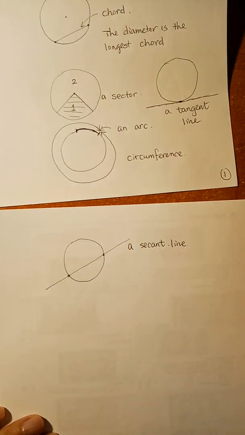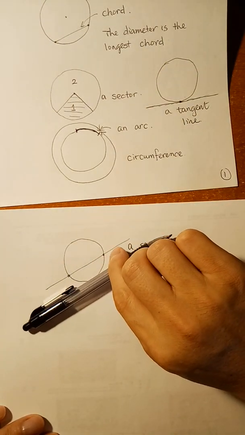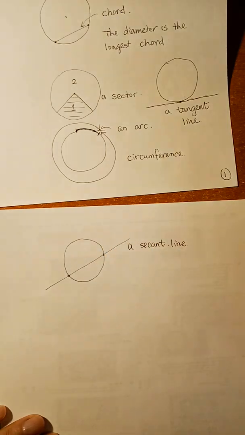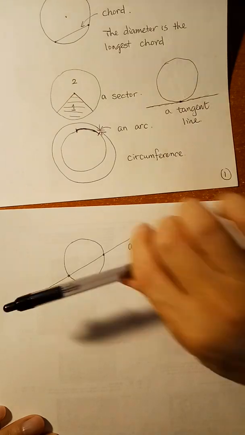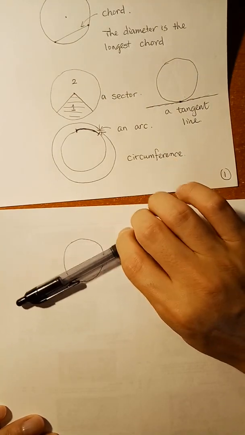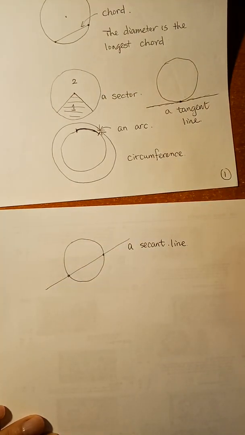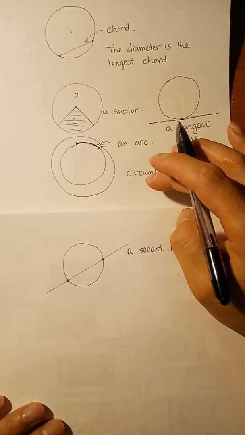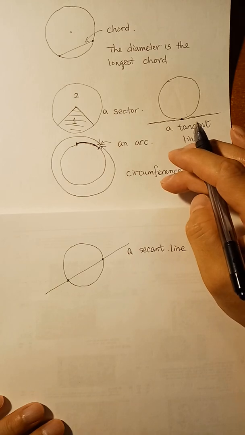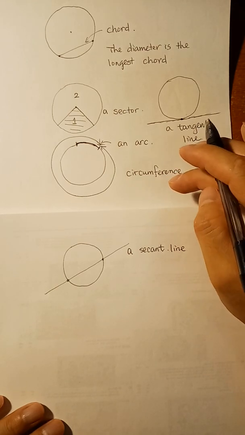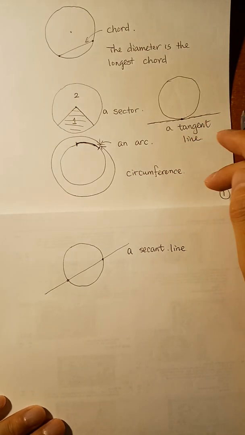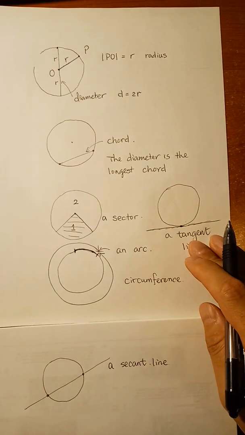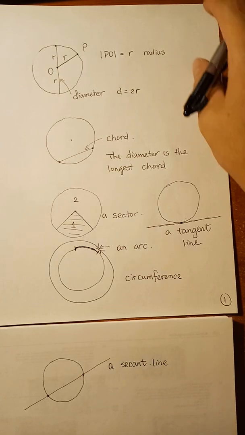Here you have 2 points. So here is the tangent, and once you move past that limit position, it becomes a secant line. If you slightly move it, it is still a secant line. So from the circle we have center, radius, diameter, chord, sector, arc, circumference, tangent line, and secant line. We have those concepts.